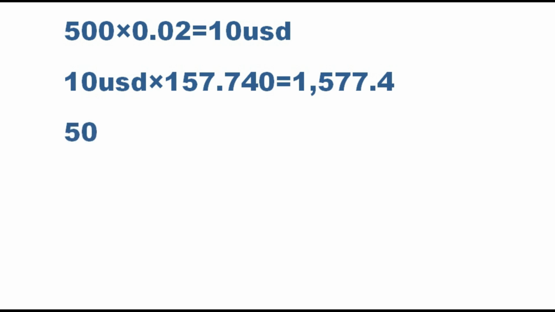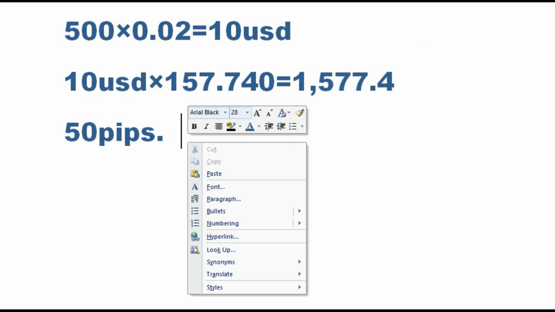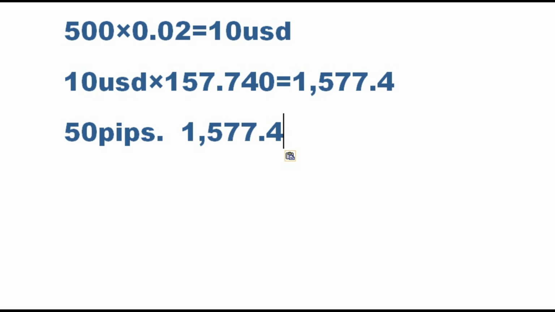You take the amount you converted into Japanese yen, which is 1,577.4, and divide it by the 50 pips.